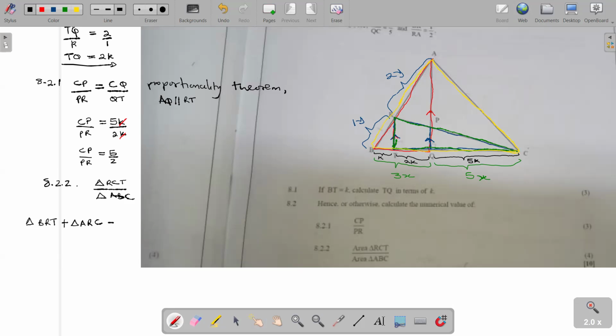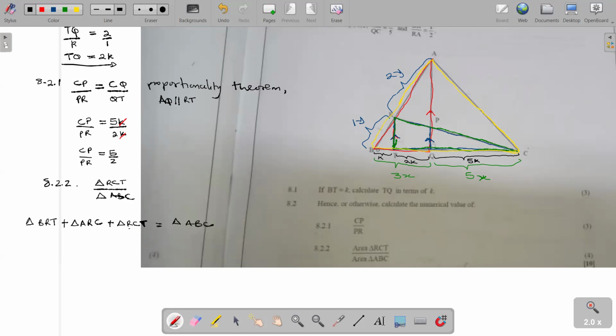Then plus the area of triangle RCT, which is the one in question, you'd realize that if we add those areas, they are going to give us the area of triangle ABC.